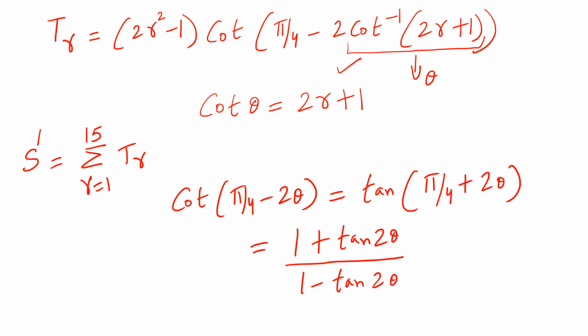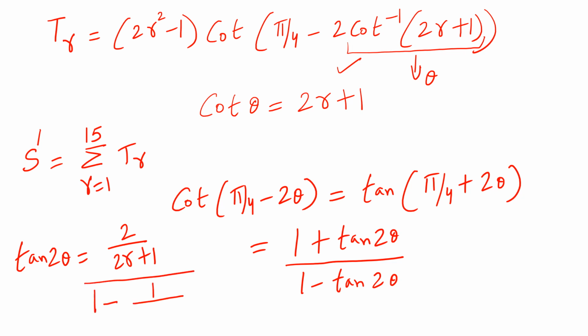Now students, since cot theta is equal to 2R plus 1, this means tan theta is equal to 1 upon 2R plus 1. And we know that tan 2 theta is equal to 2 tan theta divided upon 1 minus tan square theta. So I have just substituted the value of tan theta in this particular formula.